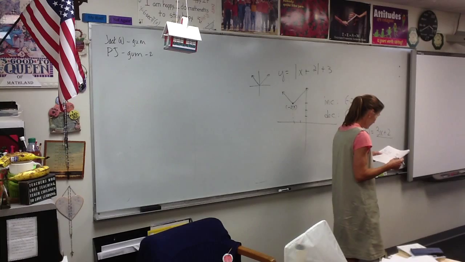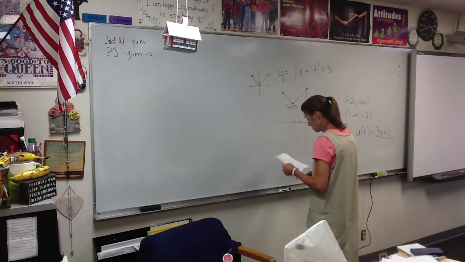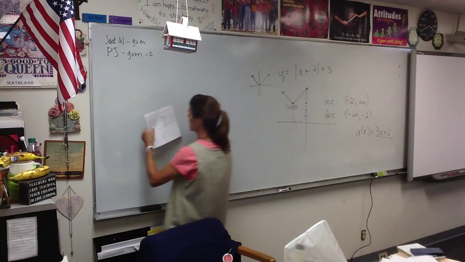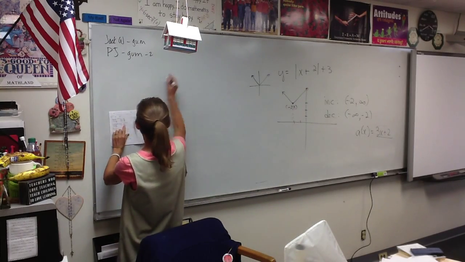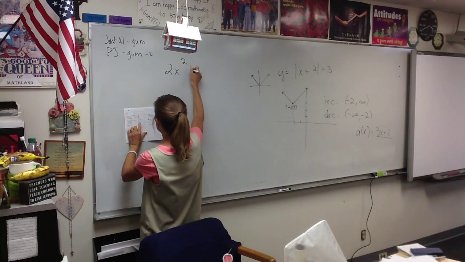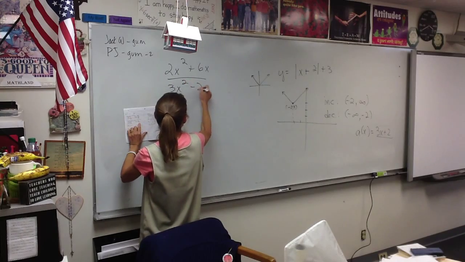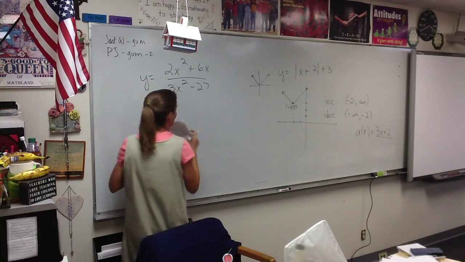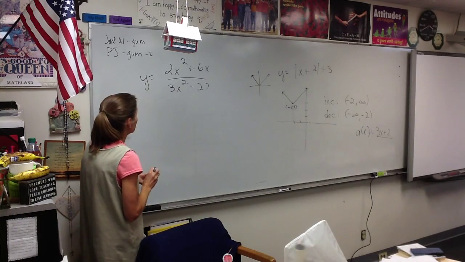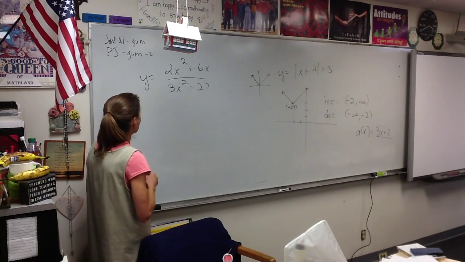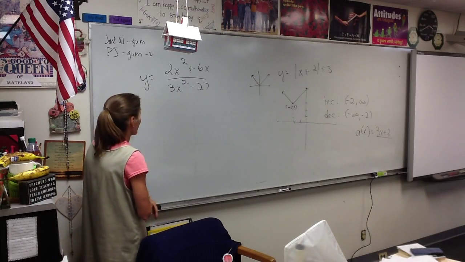2E. Now 2E may have stuff because it's got a denominator. So is that 2x squared plus 6x over 3x squared minus 27? Did I copy that right? Okay. So if I'm going to figure out where my asymptotes and holes are, I've got to reduce. I've got to factor it.